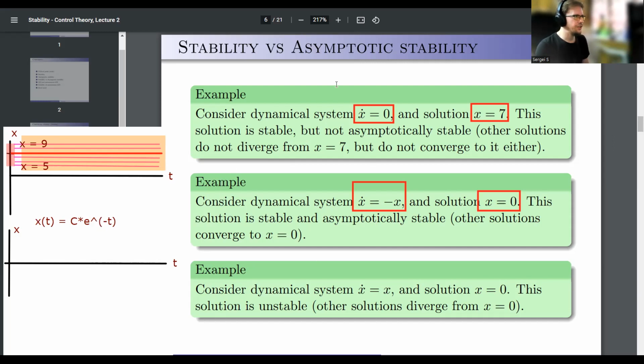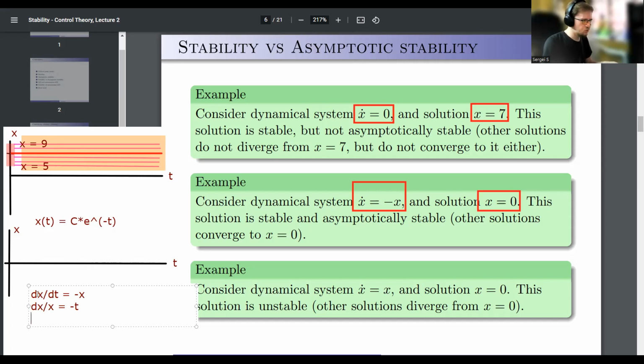The integration constant. The way we do it, for those of you who forgot, is we say dx/dt is equal to minus x. From this, dx divided by x is equal to minus dt.